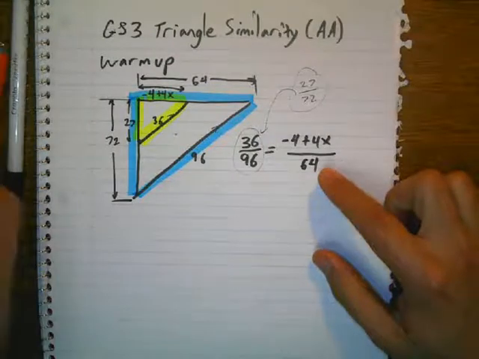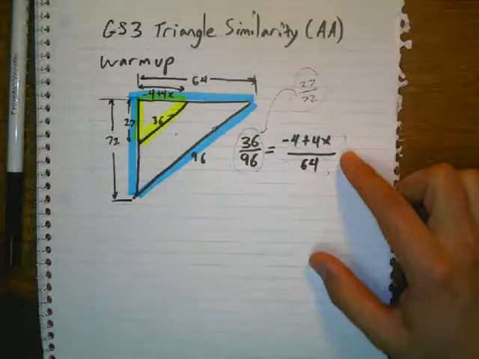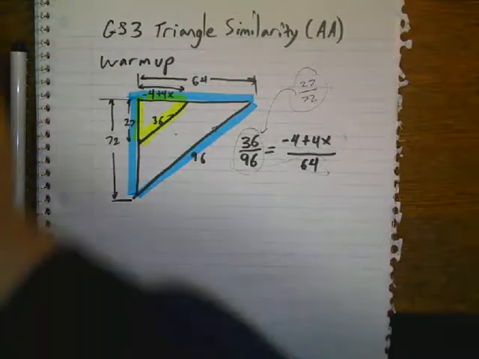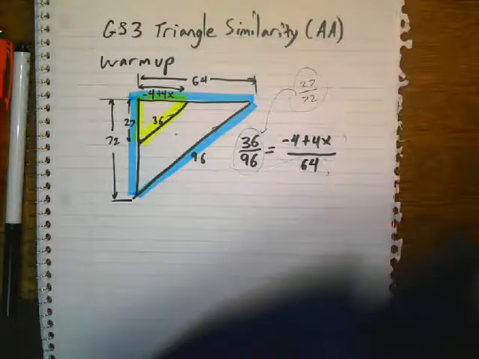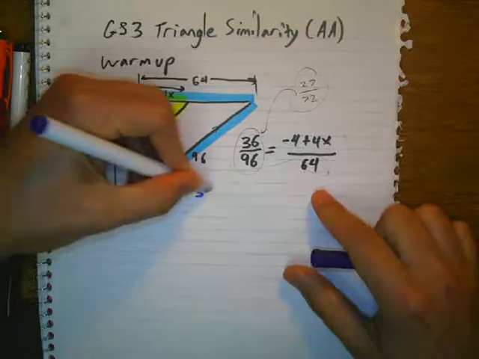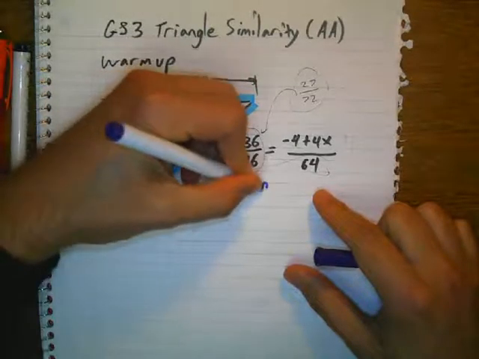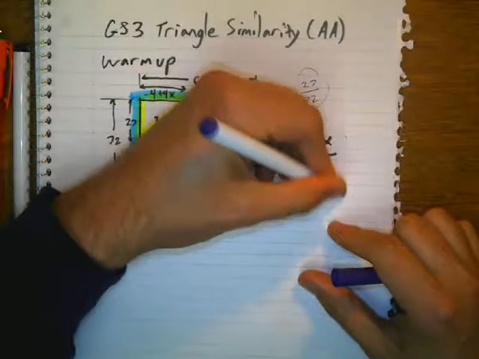Okay, so now that I've got the ratio here, I can cross multiply to solve for x. So now I've got 36 times 64 equals 96 times -4 plus 4x.